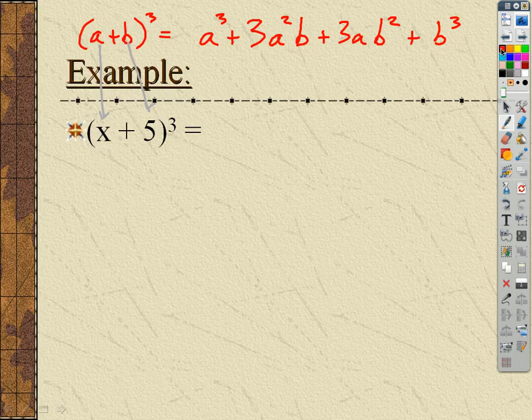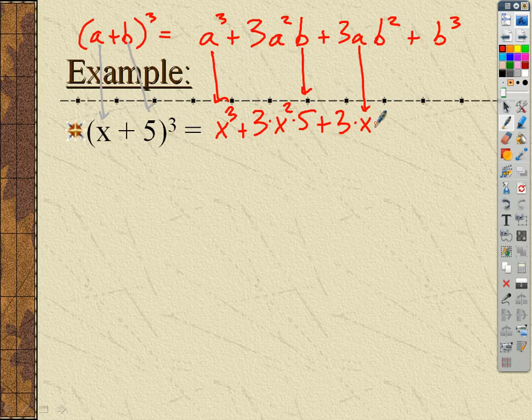Right, so we just get x cubed plus 3 times x squared times 5, right, because b is 5, plus 3 times x times 5 squared, plus 5 cubed.